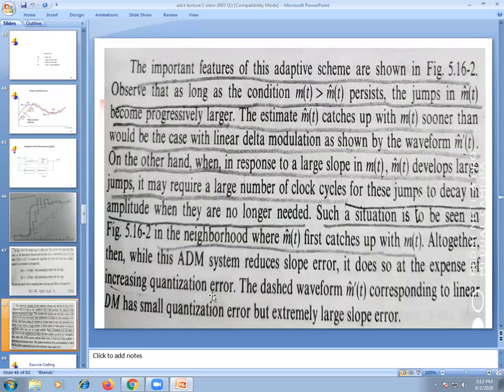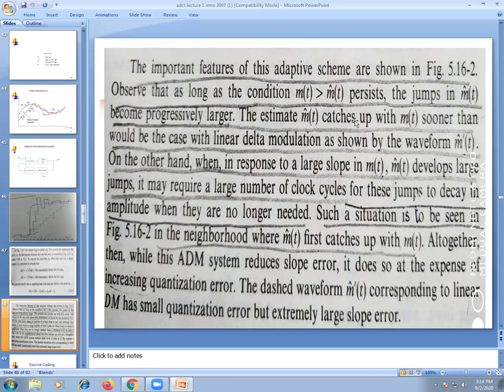Okay. So the important feature of this adaptive scheme is that the condition M of t greater than M cap of t preserves the high jump in M cap of t, because the steps become progressively larger. Wherever M of t is greater than M cap of t, the step jump is high, so that the estimate M cap of t catches up with M of t.